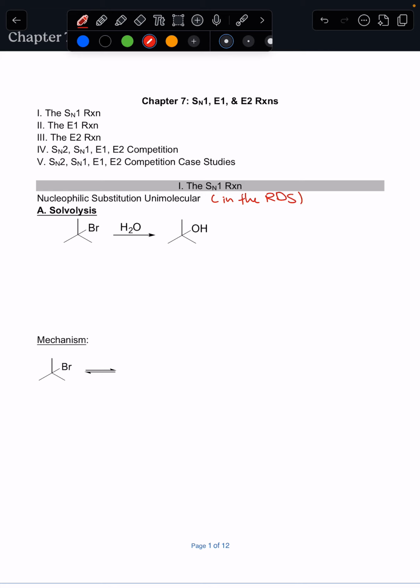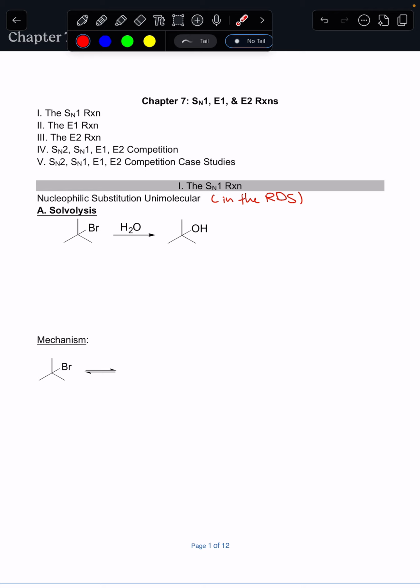Here's an example of an SN1 reaction. Often it's also referred to as solvolysis. It's almost synonymous with SN1. The reason is that often the solvent liquid you're using to dissolve your substrate is the one that ends up being the nucleophile that substitutes.